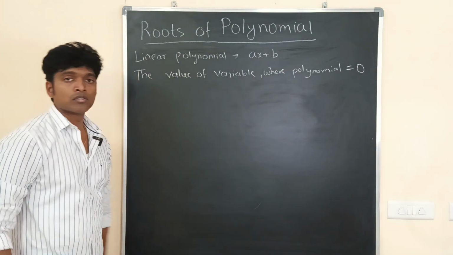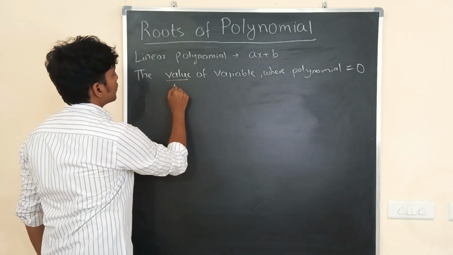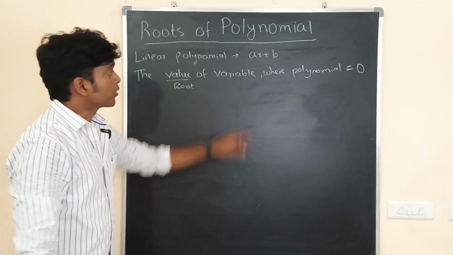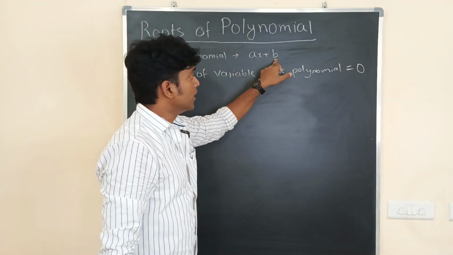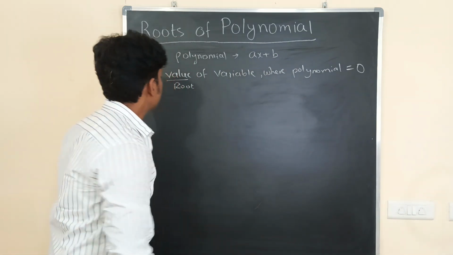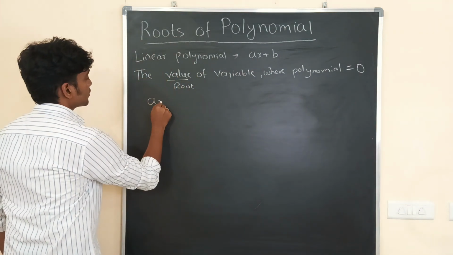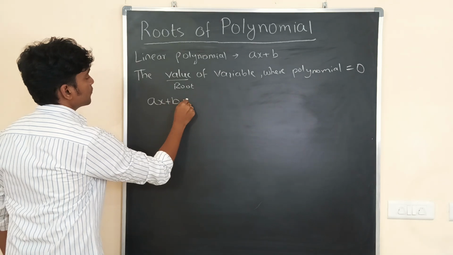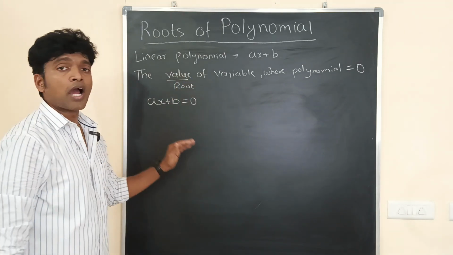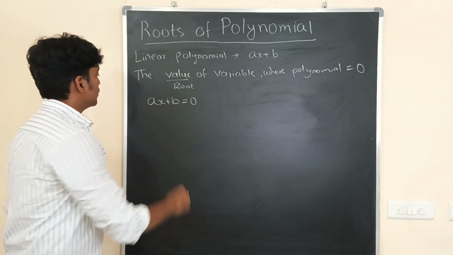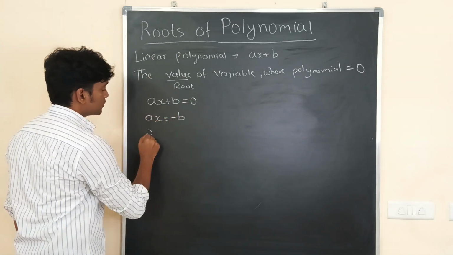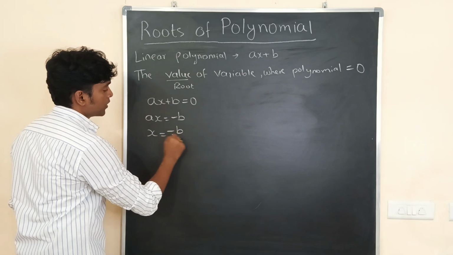This value is called the root of a polynomial. That means ax plus b is equal to 0 for what value of x, that is the root. So ax plus b is equal to 0. Now we have to find the root. So ax is equal to minus b, hence x equal to minus b by a.